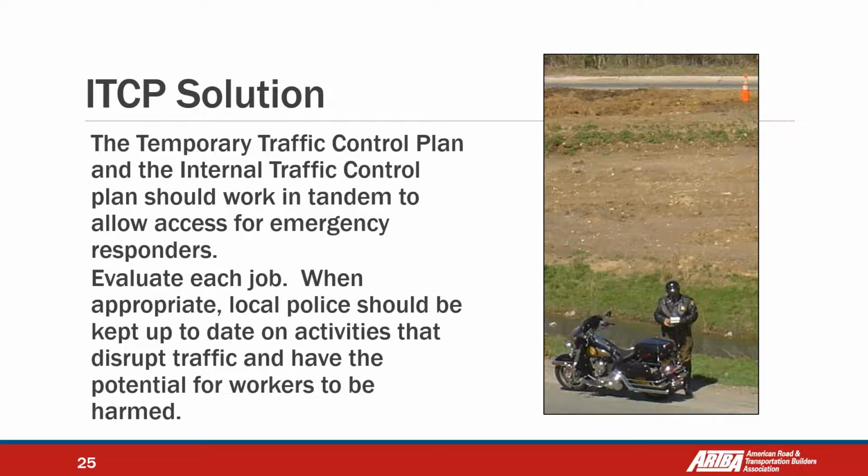So it says the temporary traffic control plan and the internal traffic control plan should work in tandem to allow access for emergency responders. Evaluate each job. When appropriate, local police should be kept up to date on activities that disrupt traffic and have the potential for workers to be harmed.